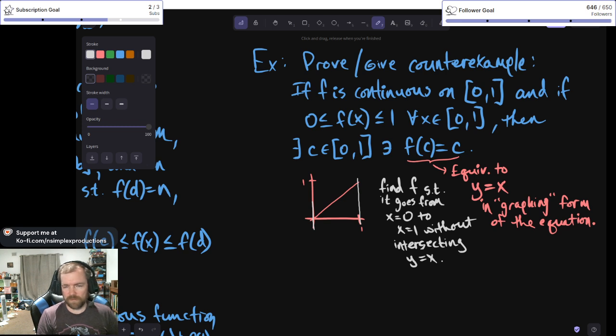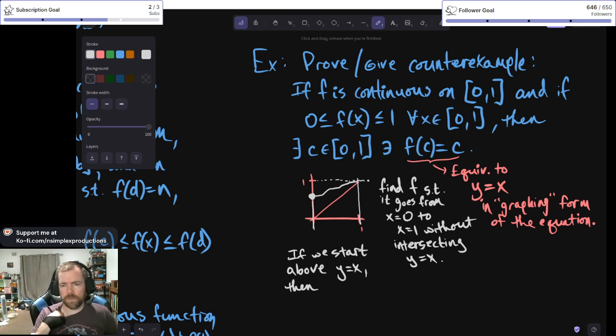right, we note that if we start above y equals x, we've got this line over here, we've got this function, and here we're being hemmed in by f of x being equal to 1 along the top.